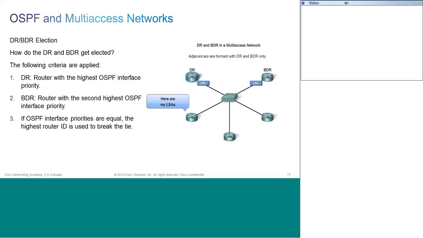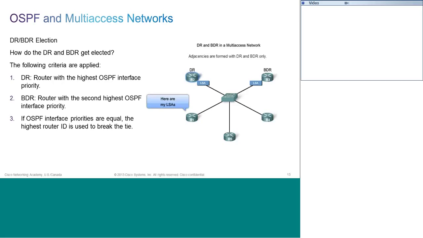Don't forget, by default, they're all set to 1. So you would have to manually go in and change a certain router to a higher number so that it would be the designated router. The backup designated router would be the second highest OSPF interface priority.